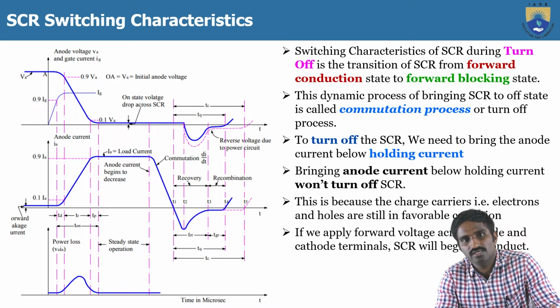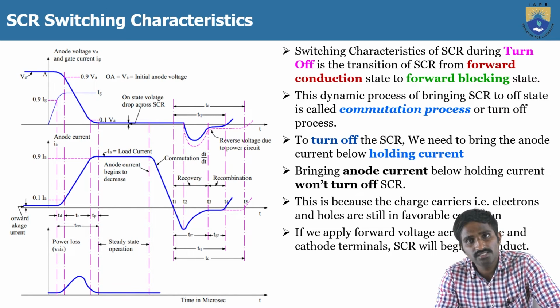Even if you bring the anode current below the holding current, the thyristor will not turn off unless you apply a certain amount of reverse biased voltage across the anode and cathode.